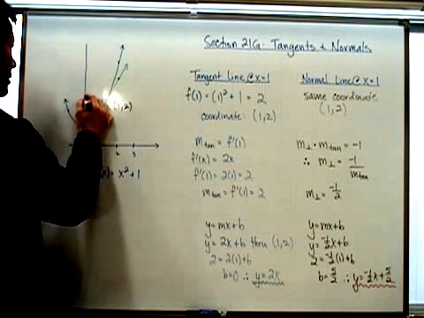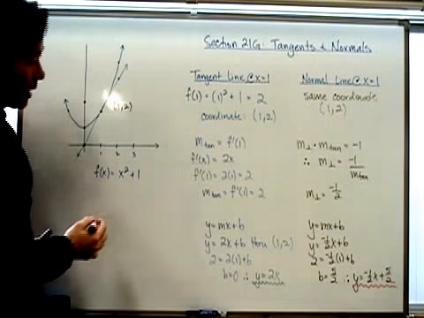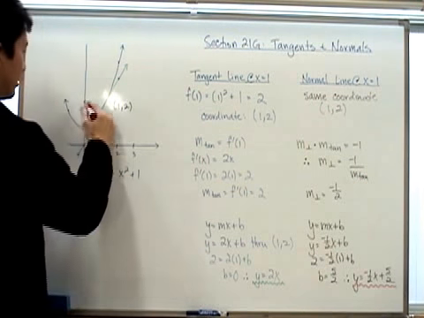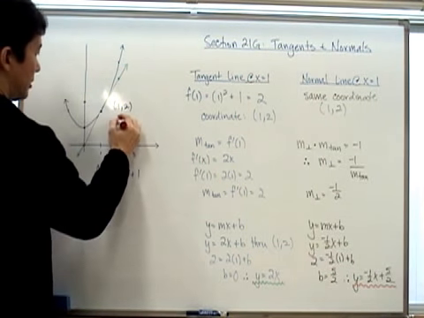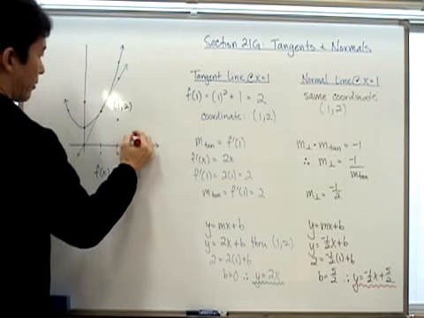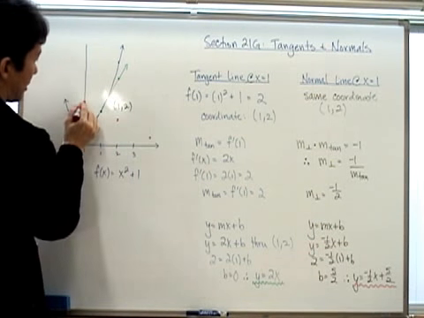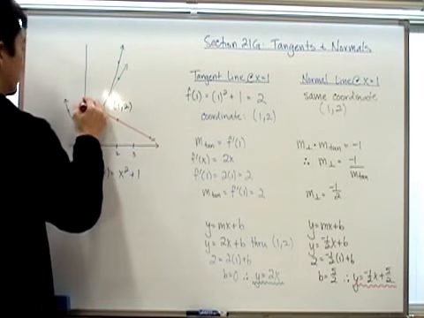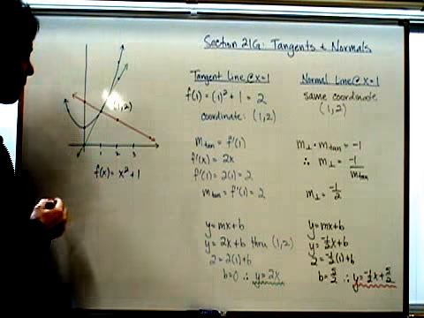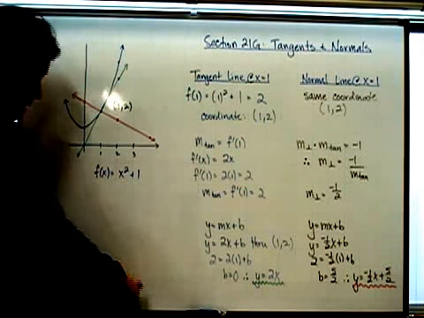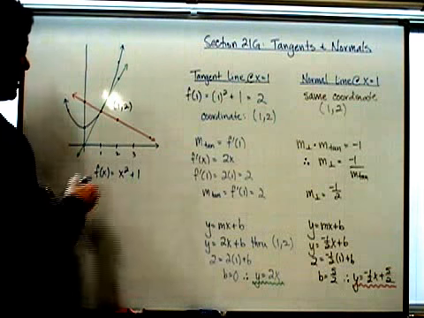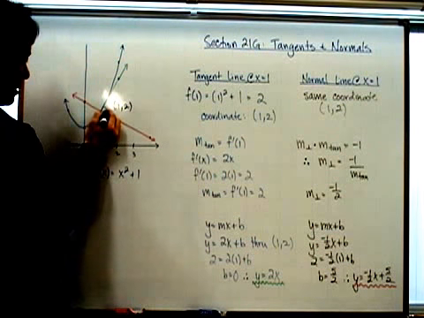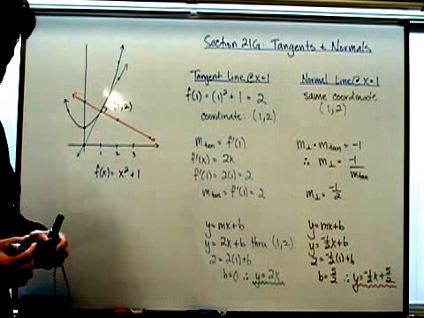So here's (1, 2), and 2.5, and it goes down 1 over 2, down 1 over 2. This is what that line will look like. Okay? And so notice the relationship again between the normal line and the tangent line is that they are perpendicular to each other.